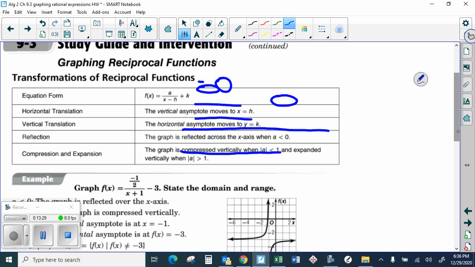That's when a is shrunken vertically, when the absolute value of a is less than 1, which is between 1 and -1. And expanded vertically when the absolute value of a is greater than 1. So 1.1 on up and -1.1 on down.